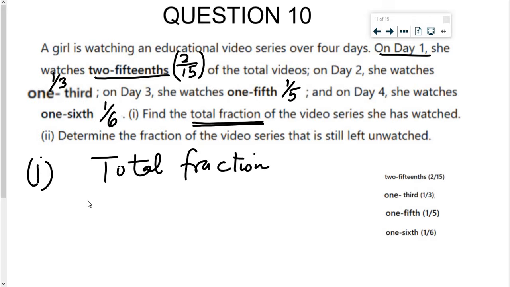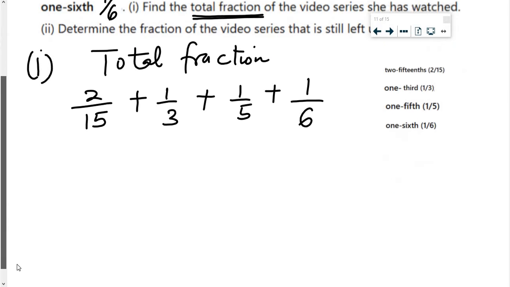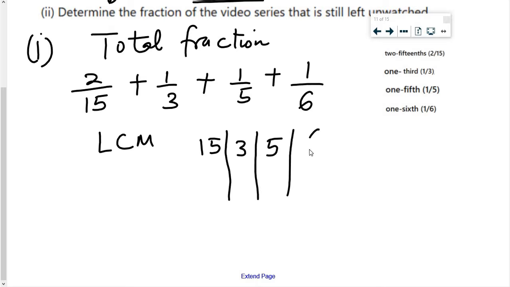Meaning 2/15 plus 1/3 plus 1/5 plus 1/6. How do we add these fractions? LCM of the denominators: 15, 3, 5, 6.